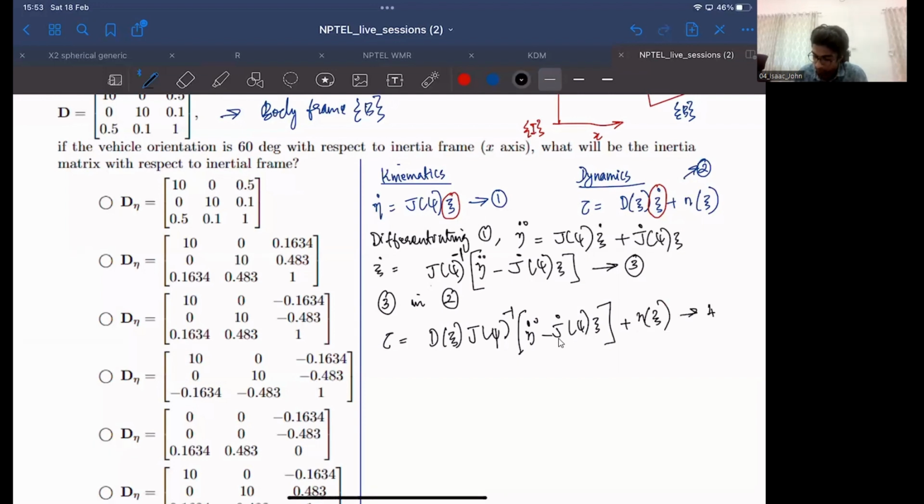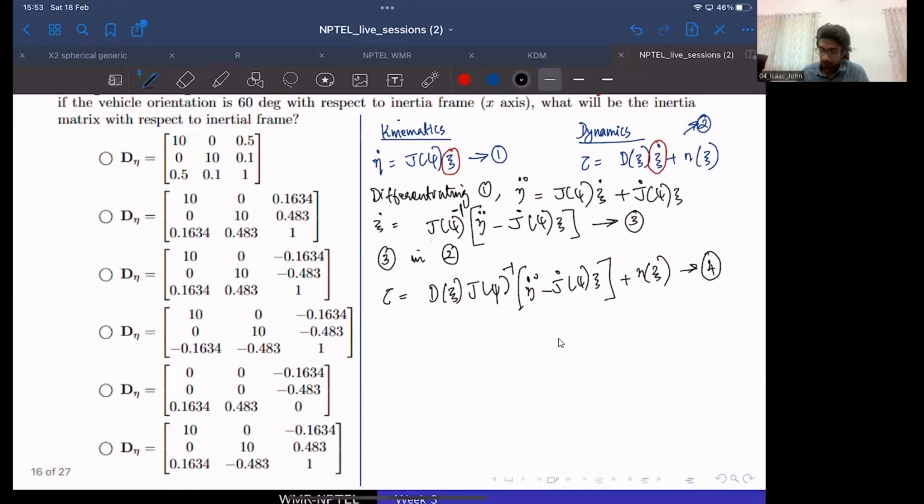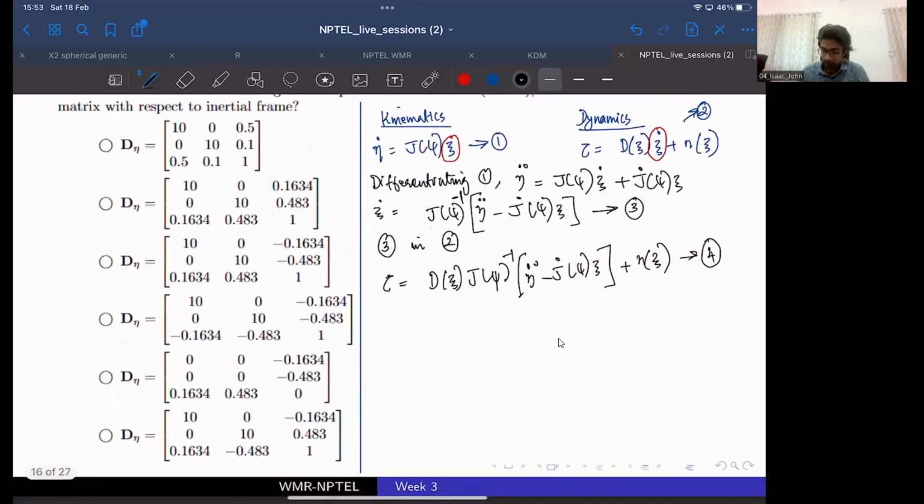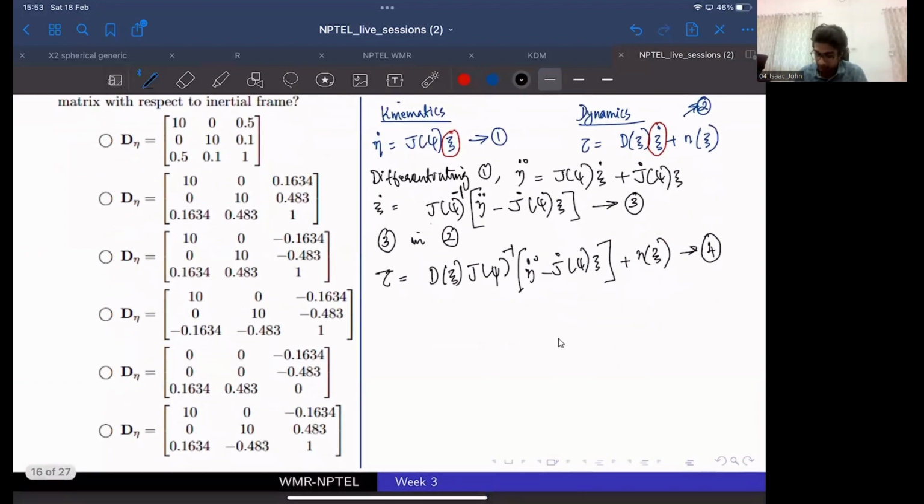This is your equation 4. For the time being, we'll leave equation 4 as such.